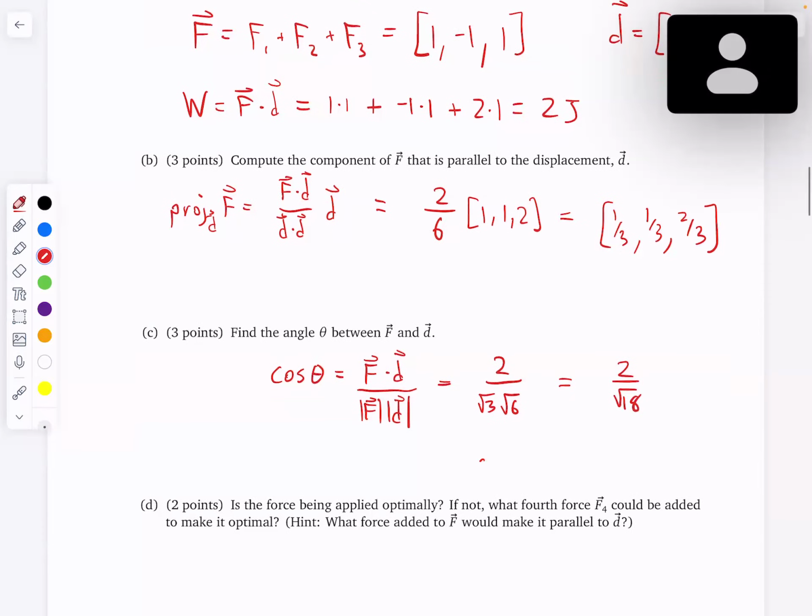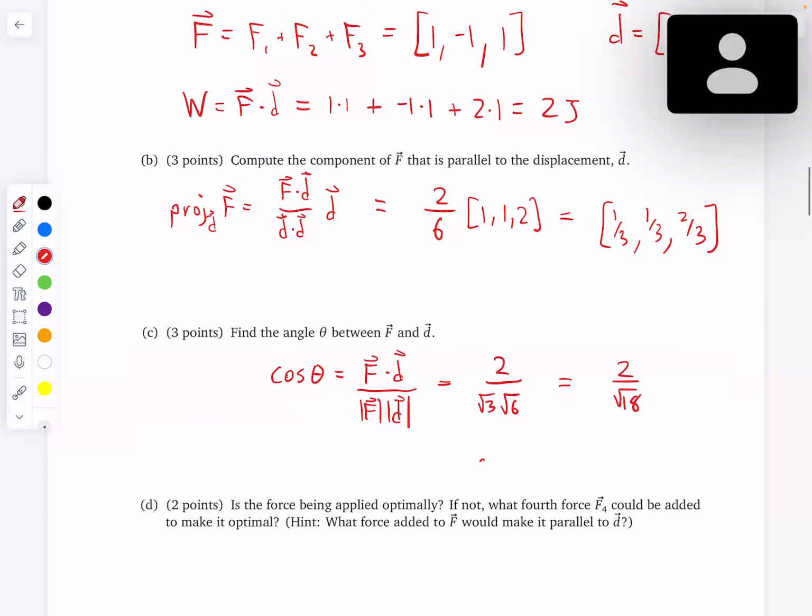Is the force being applied optimally? And the answer is no, because if it was optimal, then the angle between them would be 0, and that's not 0. So to make it optimal, we want F to be parallel to D, so it needs to be a scalar multiple.